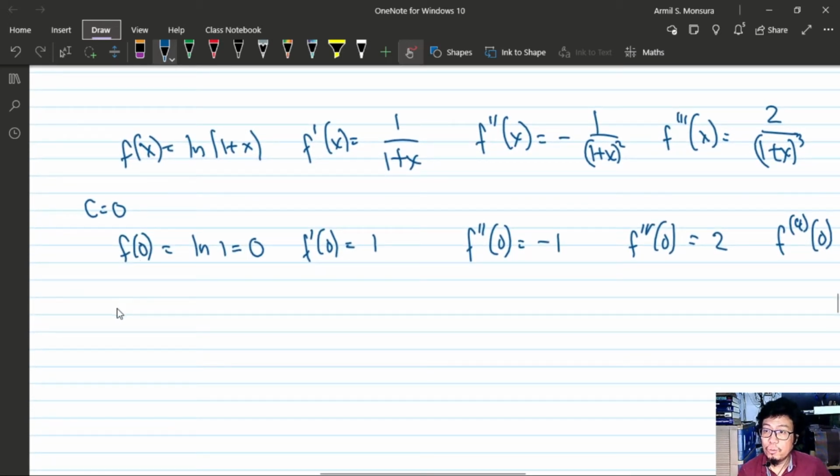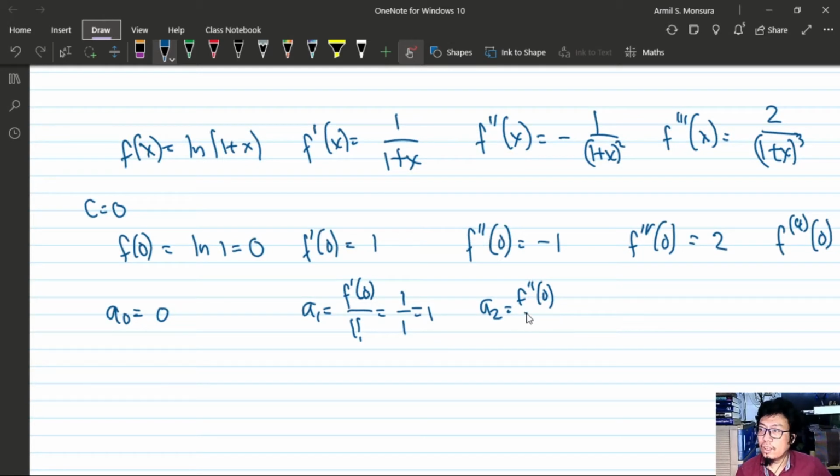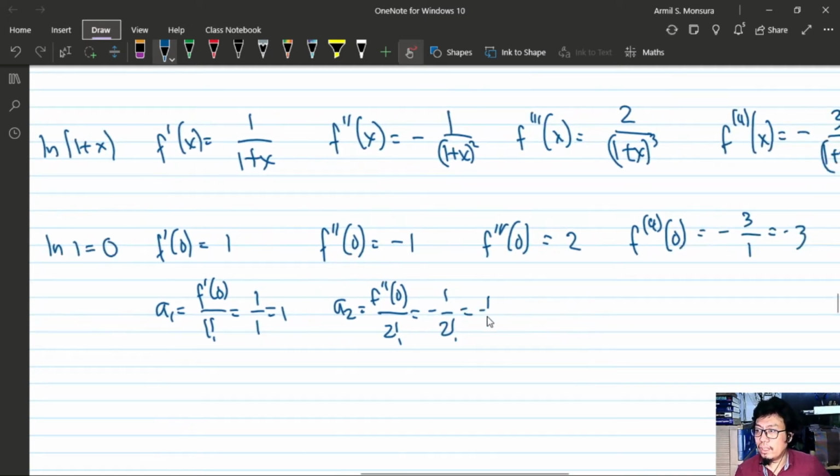So the coefficients now: a0 is simply 0. a1 is f prime of 0 over 1 factorial, so that's 1 over 1, or 1. a2 is f double prime of 0 over 2 factorial, so that's negative 1 over 2 factorial, or negative 1 half. a3 is f triple prime of 0 over 3 factorial, so that's 2 over 6, or 1/3.